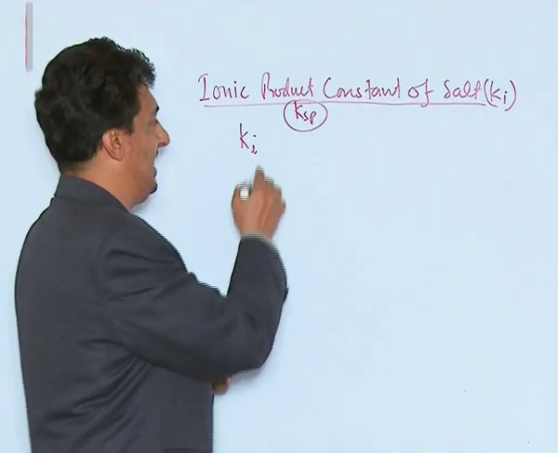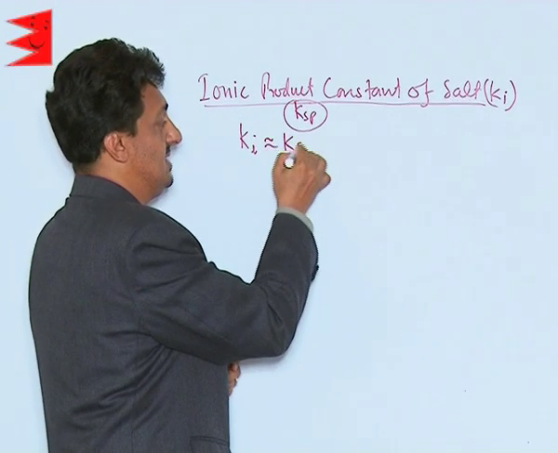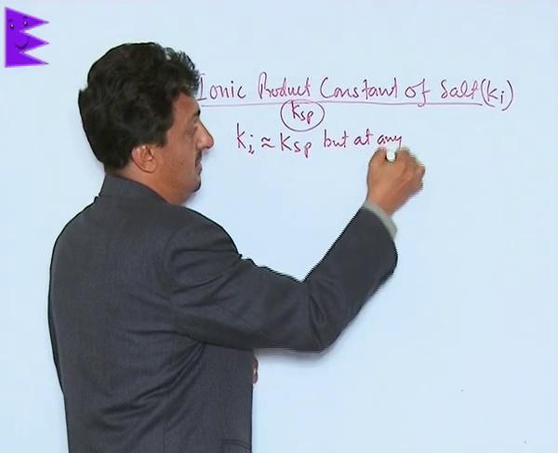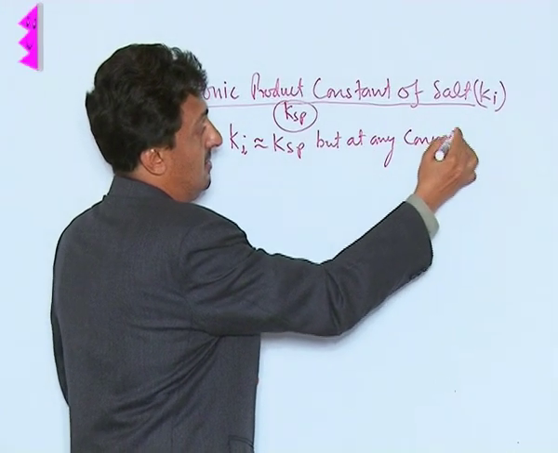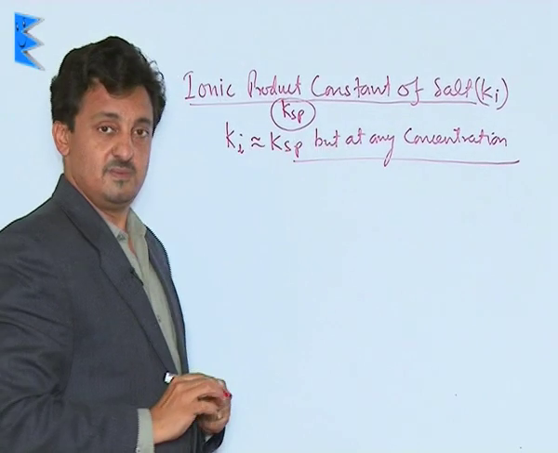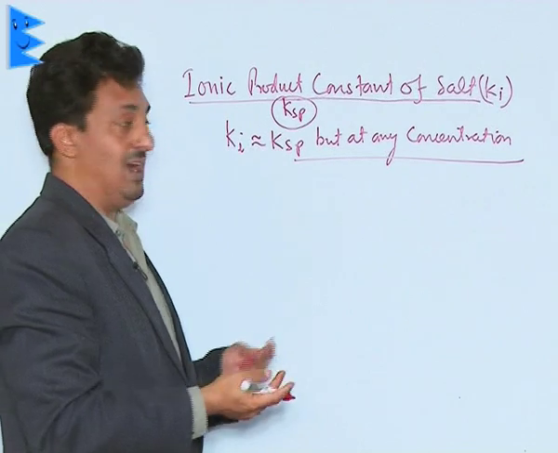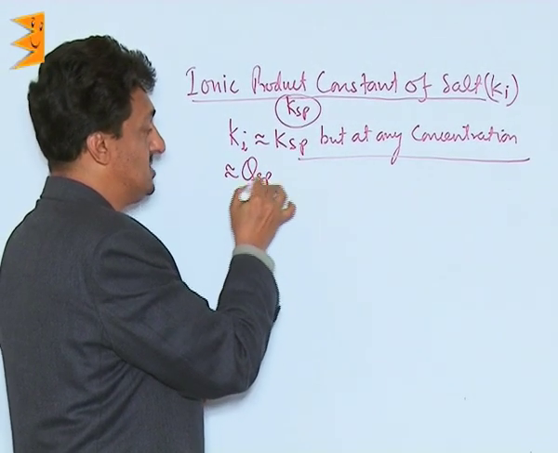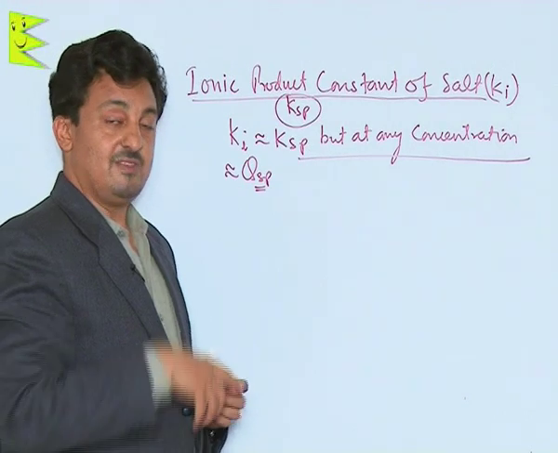So what we simply write is Ki as it is KSP but at any concentration.